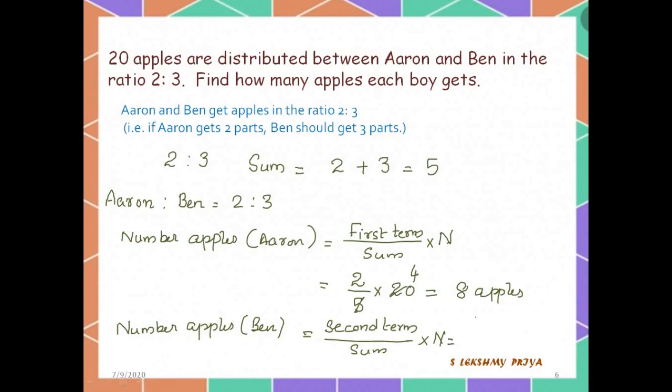The second term in the ratio is 3. 3 by 5. 5 is the sum and it is 20. 5 we can cancel with 20. So it is 4. 3 times 4, it is 12 apples.